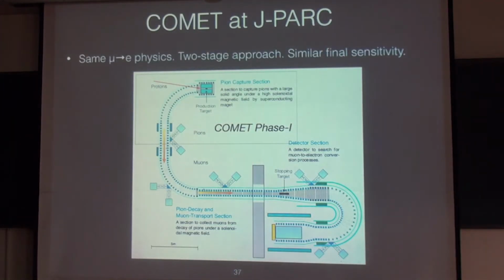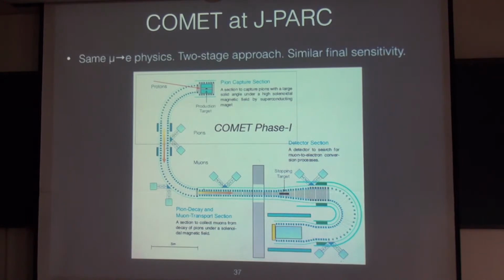Okay, so one slide to show you that Japan also has a very similar proposal. They have a different design, but again, they're looking for mu to e with the same target. They use a two-stage approach. They would have phase 1 in a few years, I think.